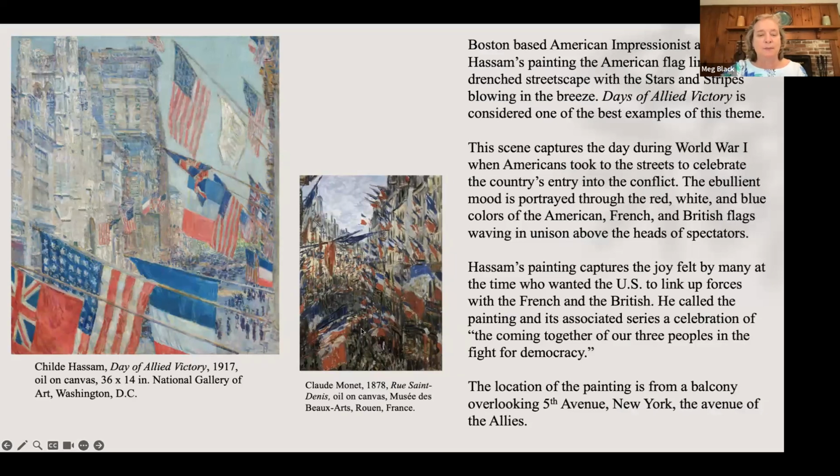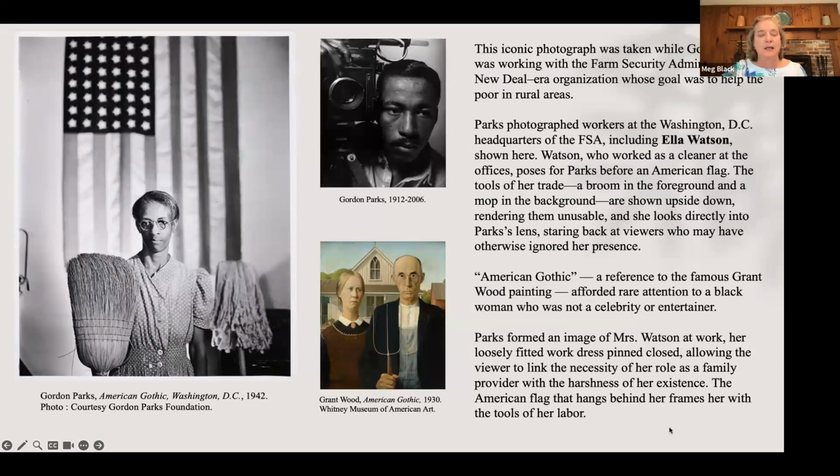So he had plenty of subject matter for the many times that they overthrew their kings and their dictators, and then they become part of this organization and that one, and it goes back and forth quite a bit. So it was easy for Childe Hassam to relate this image to his own on Fifth Avenue. And again, by means of it being declared that it was the Avenue of the Allies.